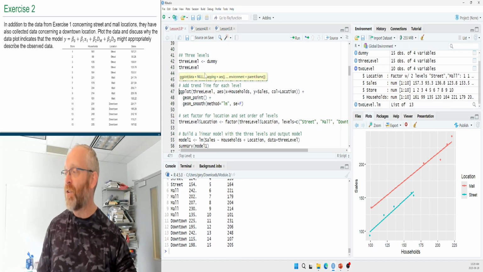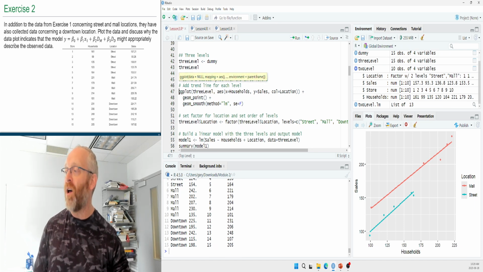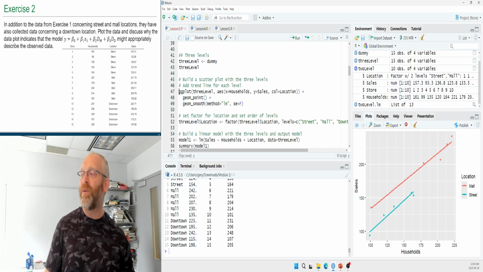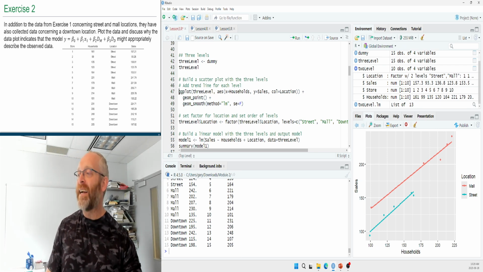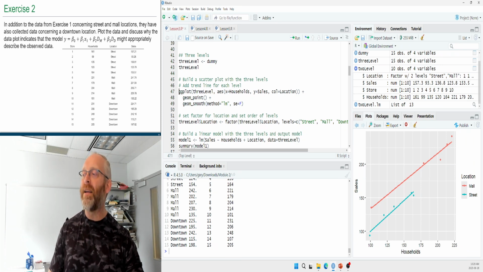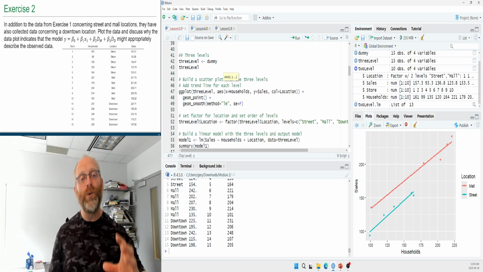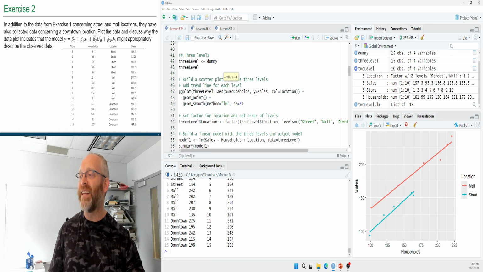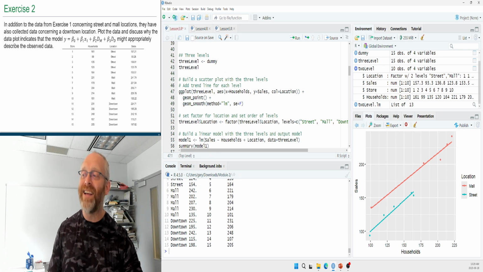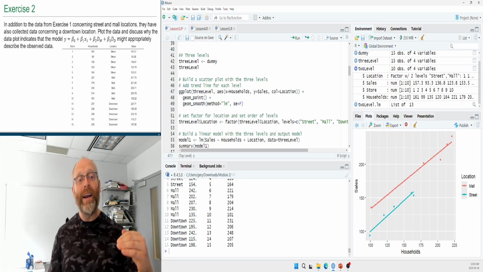Again, that very first layer of ggplot is the data that we're using, so that's the 3level data frame. The second is the aesthetics, how we are mapping the parts of our graph to the data set that we have. So we're saying the x-axis represents households, the y-axis represents sales, and again, we want to color based upon location.